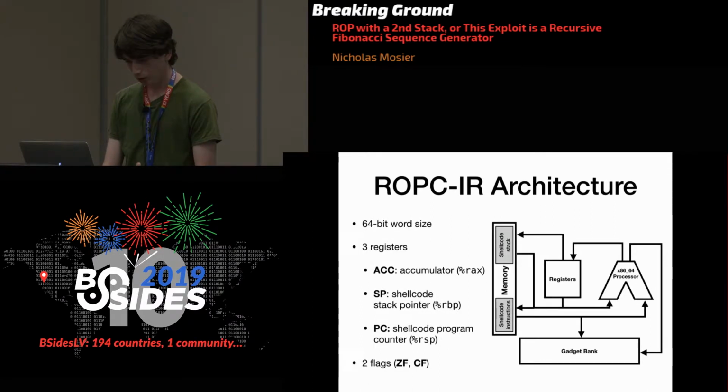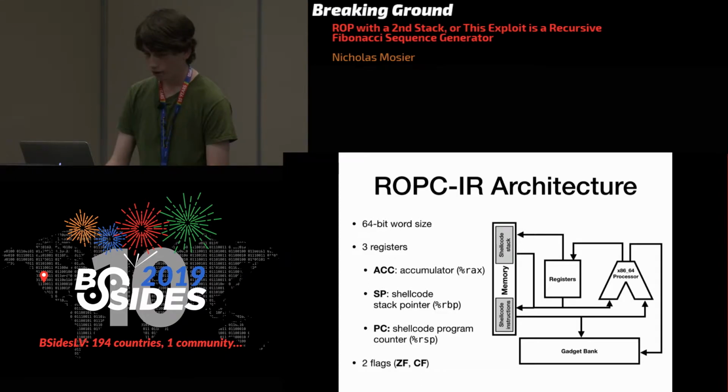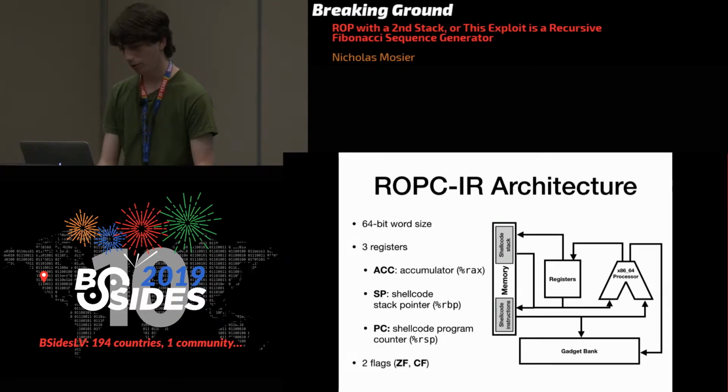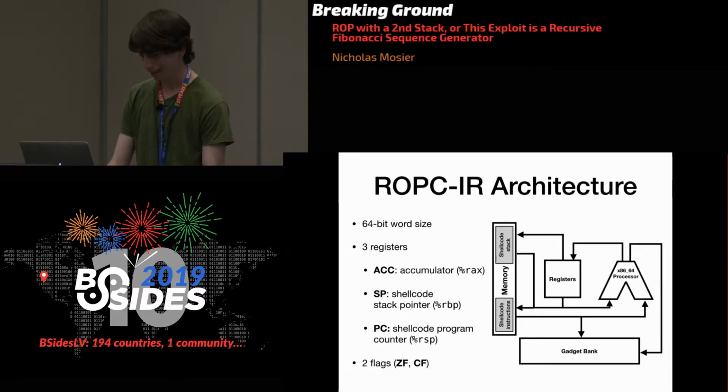I'll go over the architecture of ROPC-IR. It works on 64-bit values and has a 64-bit word size. It has 3 registers. The accumulator is ACC, which under the hood is really RAX, but we're abstracting that away. The shellcode stack pointer is SP, which is really the x86 RBP register.